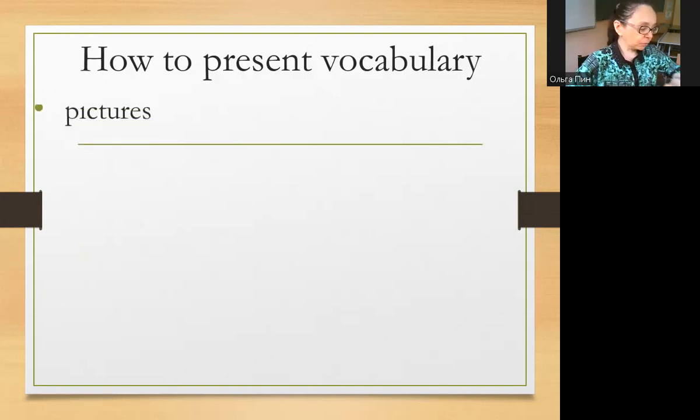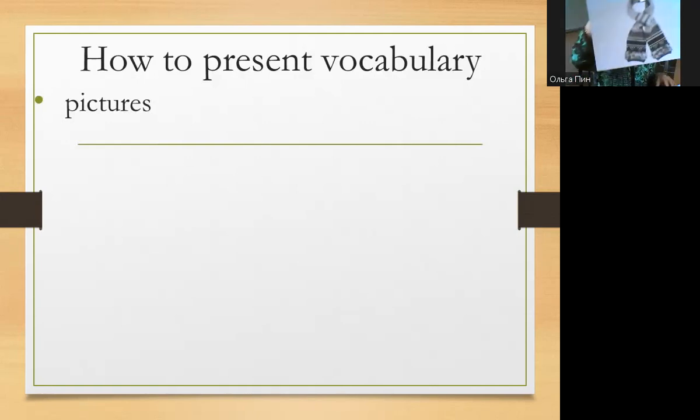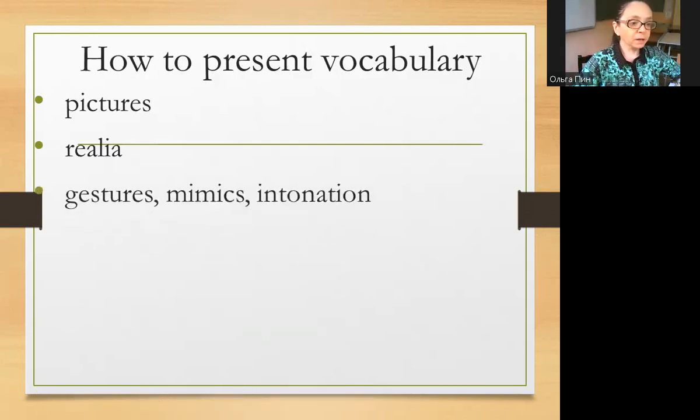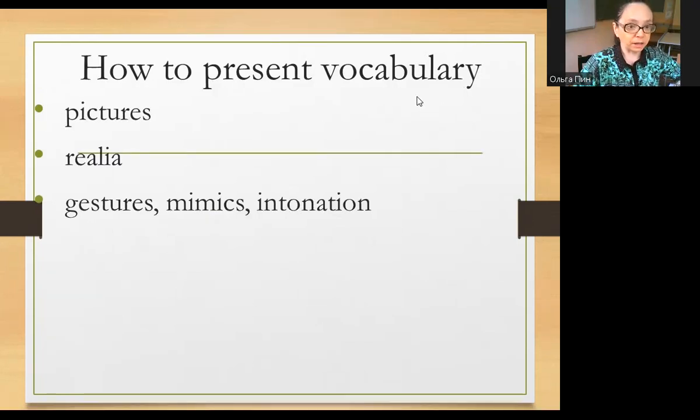We can use pictures, say a scarf, sandals, etc. We can use realia, a mobile phone, a key, a pencil case, or models, a banana, a dog. We can use gestures, mimics, or intonation.